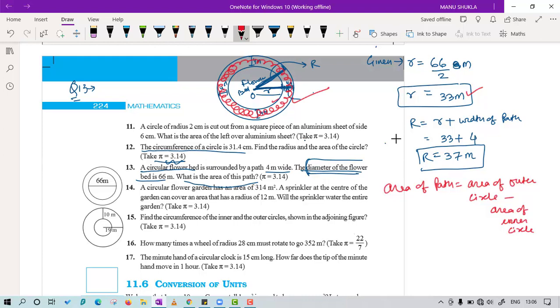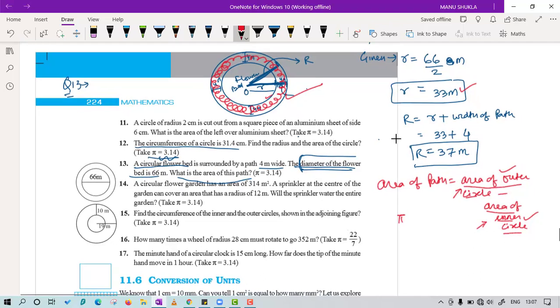Now you can find these separately or in a single equation also. I suggest you, because they both are circles only, you will get some help because the pi will be coming here also, here also. So we can take it common. If you solve them separately, no issue. But if you do it together, you can take the pi common and reduce your calculation.